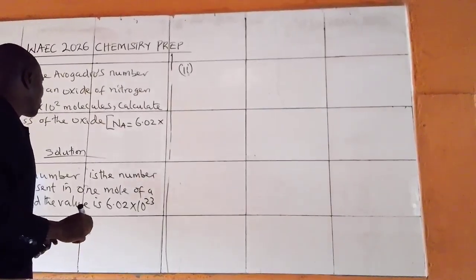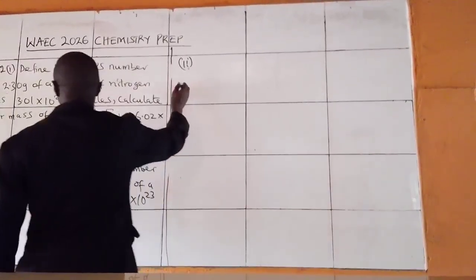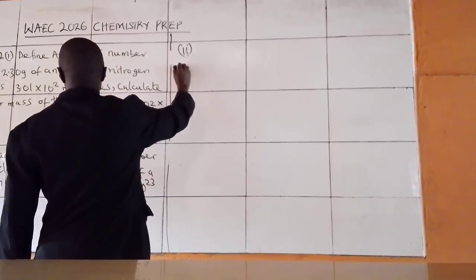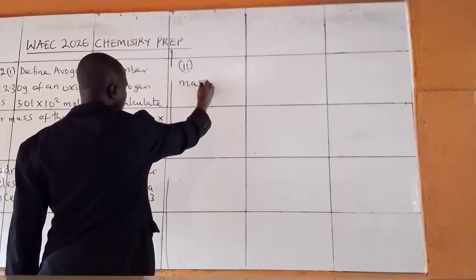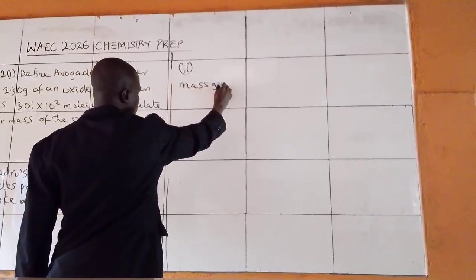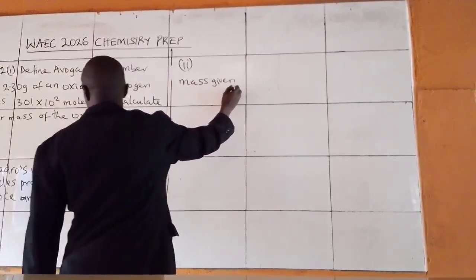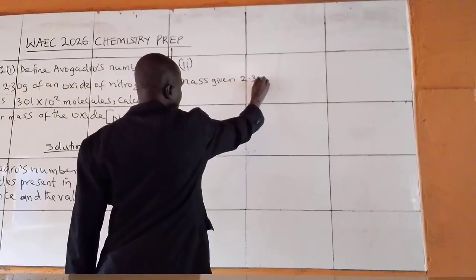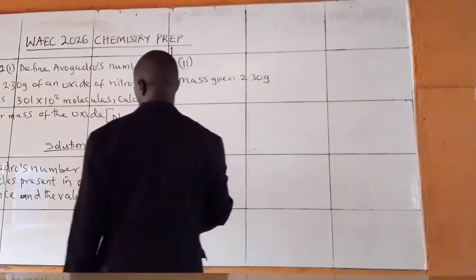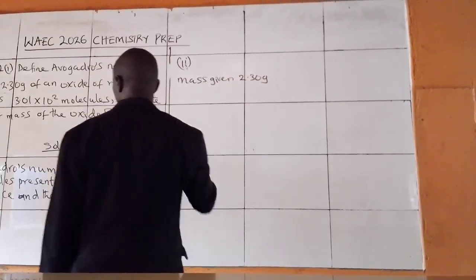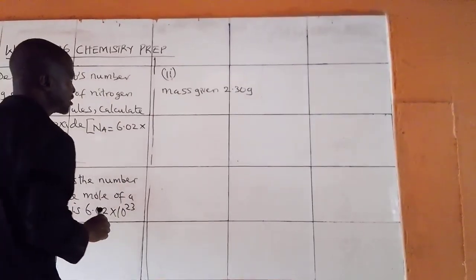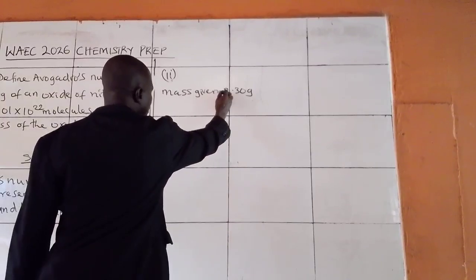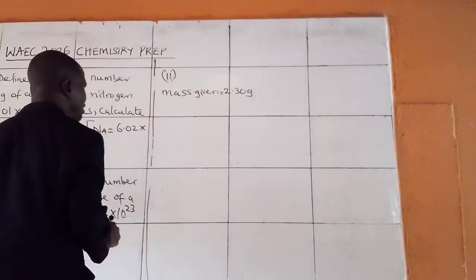So now for the calculation. The mass given is 2.30 grams.